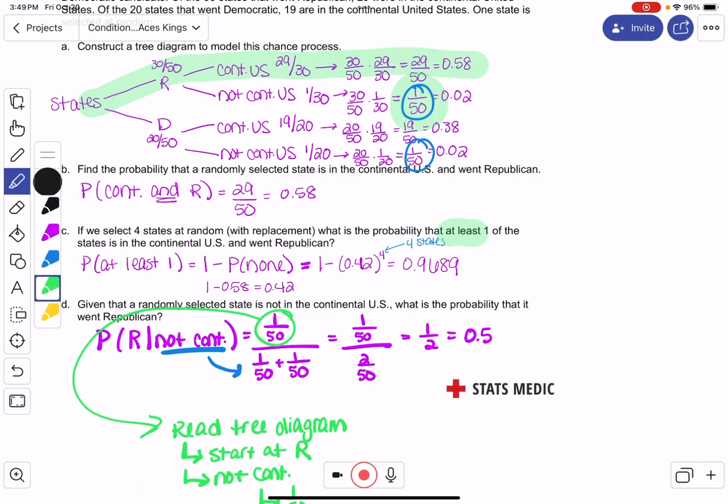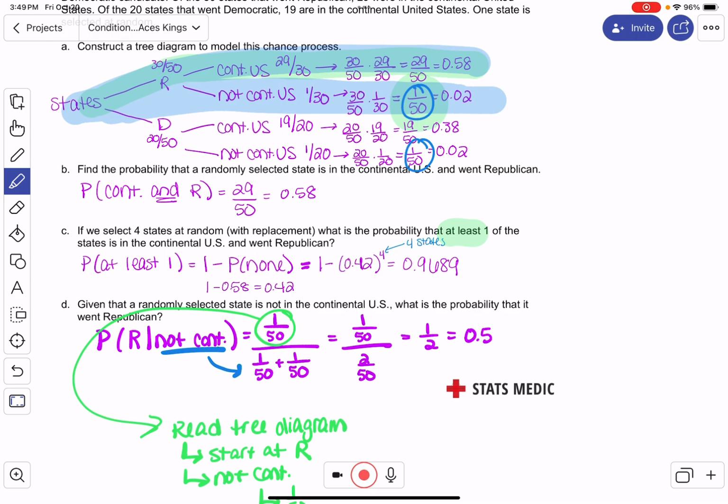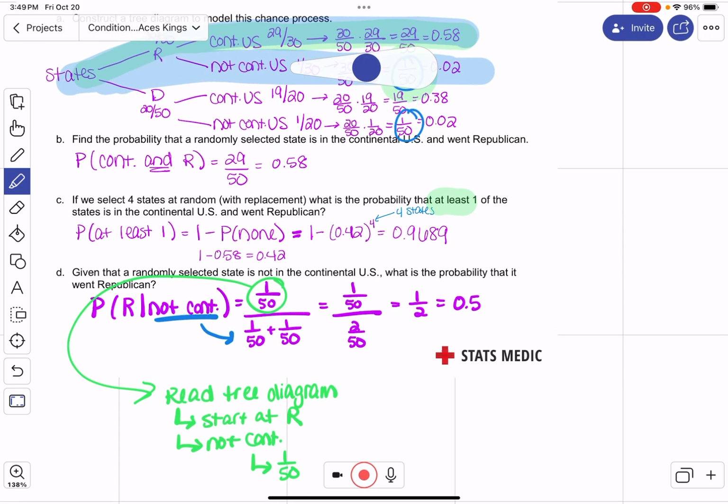And then if we branch out from there, Republican, not continental, it's that same probability that we did before right there. I did the wrong branch. Not continental. I should have done this one right here. So 1 over 50 will be the top number. Okay, so then you just simplify those fractions. 1 over 50 divided by 2 over 50. That comes out to be a half, or 50%.